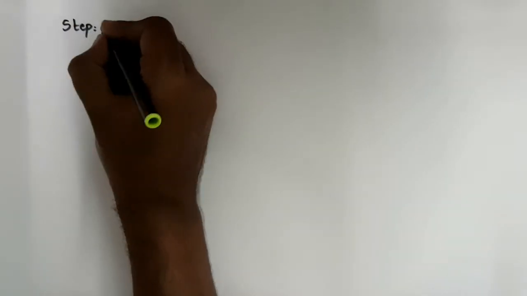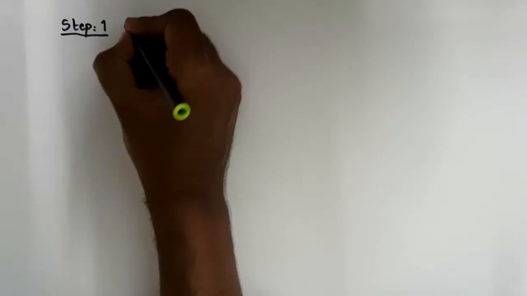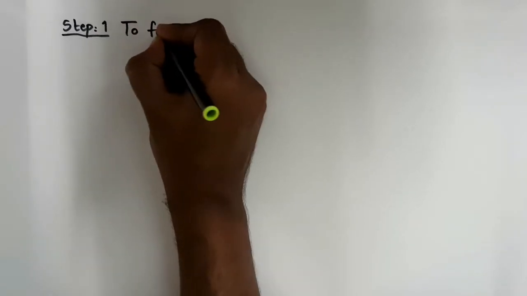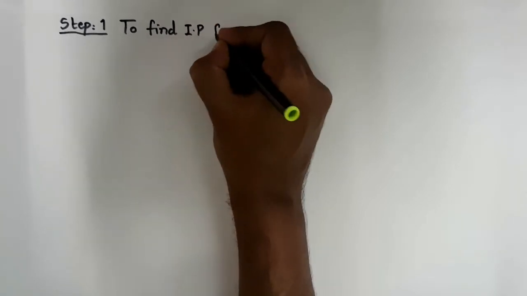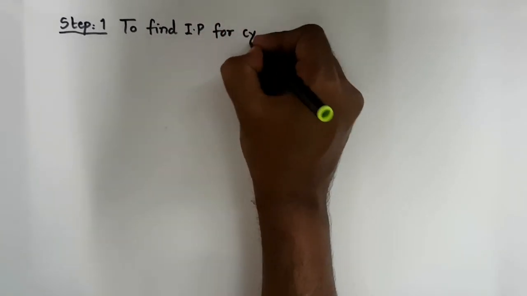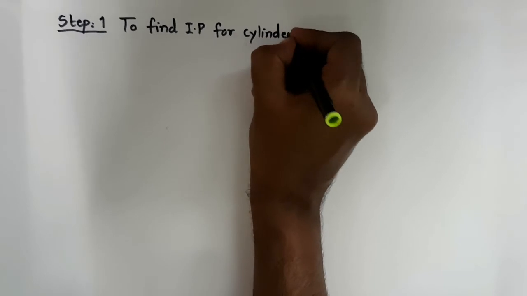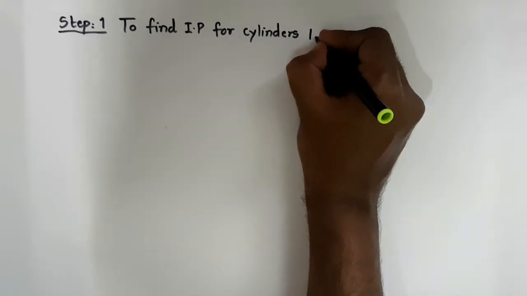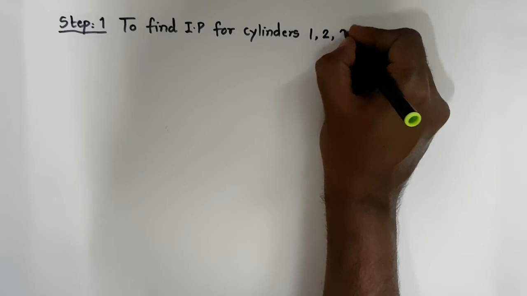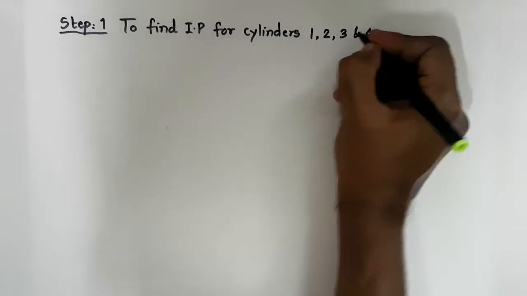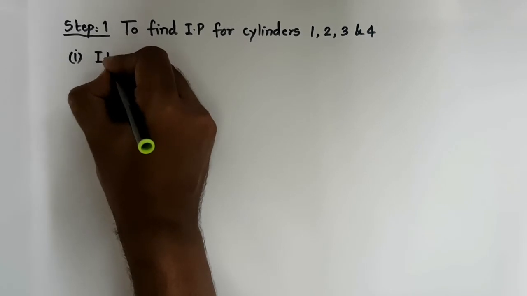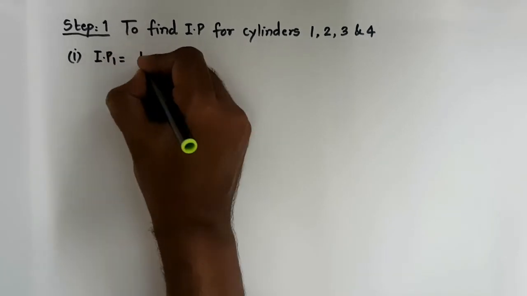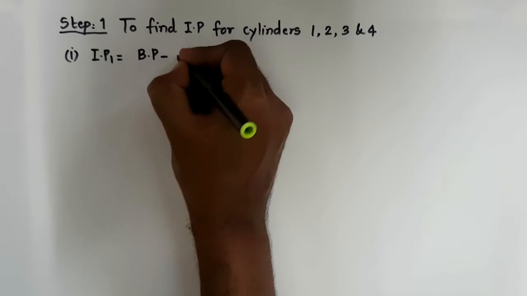We will determine the indicated power for cylinders 1, 2, 3 and 4. For that, first, the indicated power of cylinder 1, IP1, is equal to BP minus BP1.